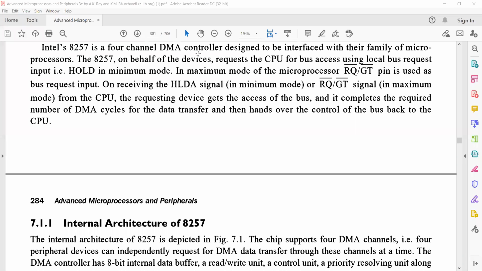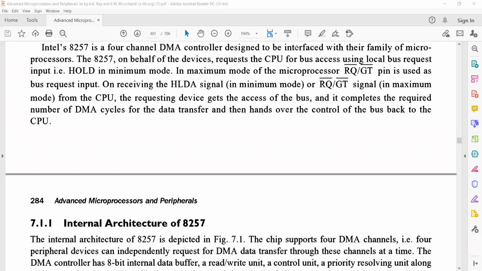It is designed to interface with Intel's family of microprocessors. Intel manufactures several microprocessors, and in order to interface with them, Intel manufactured this 8257 DMA controller.